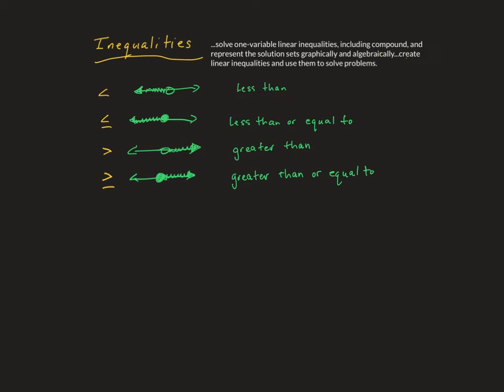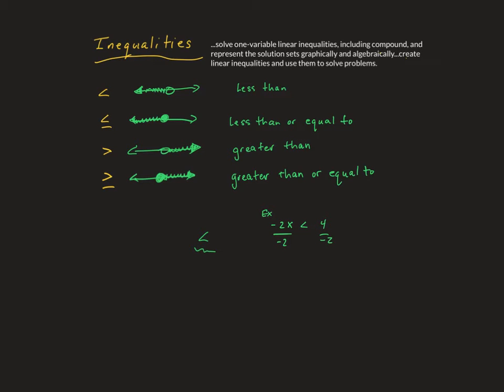And then one last thing that we want to remember is the golden rule. What that was is if we're going to multiply or divide across the inequality sign, you are going to reverse the sign. So for example, if I have negative 2x is less than 4, I need to divide away the negative 2, my coefficient.